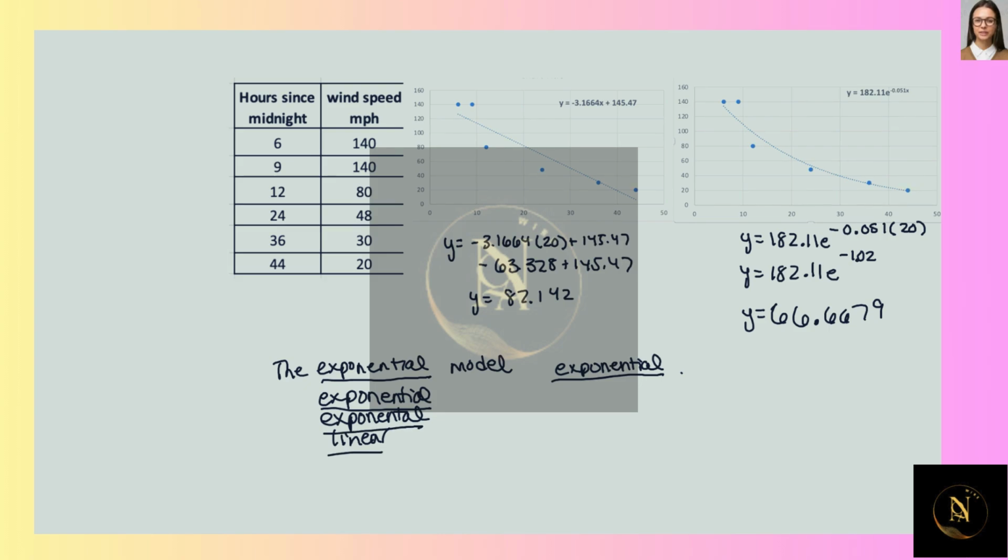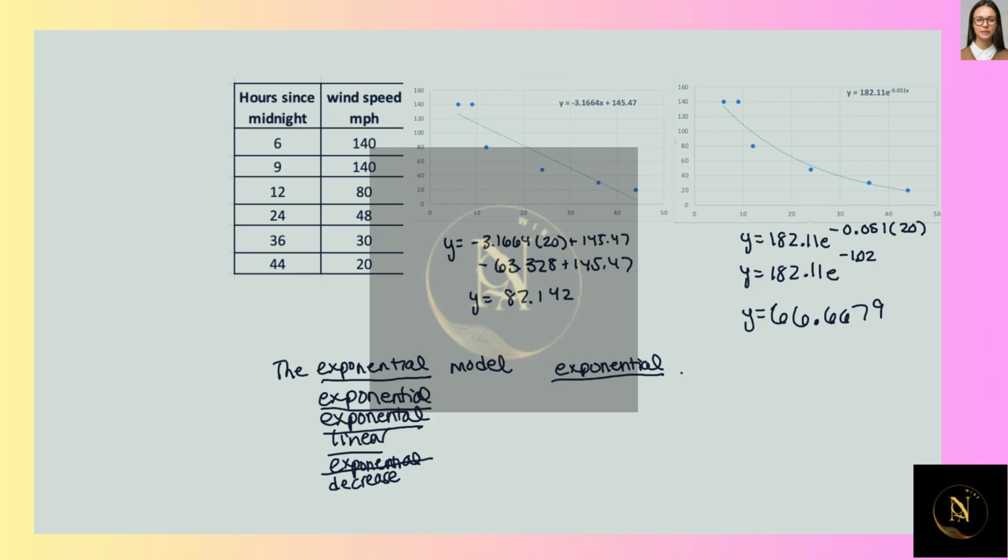The exponential model will blank over time, just like the hurricane does in the real world after landfall.